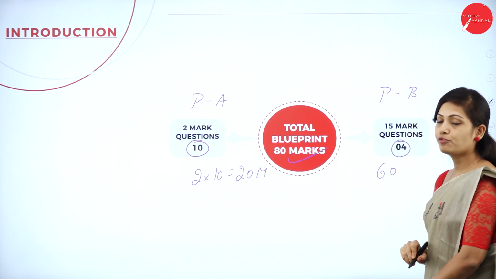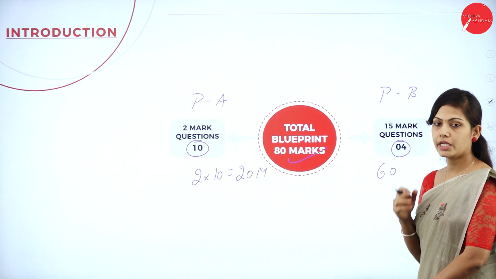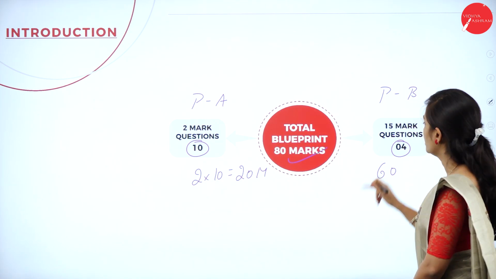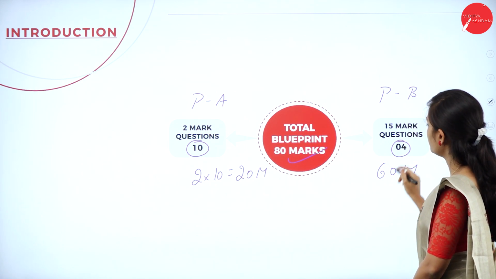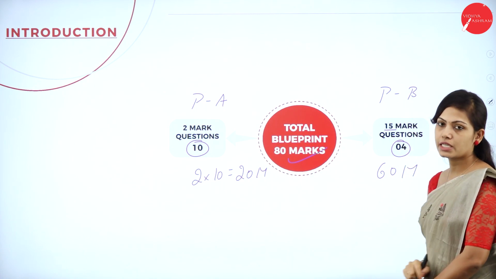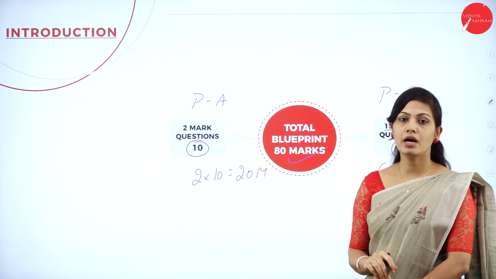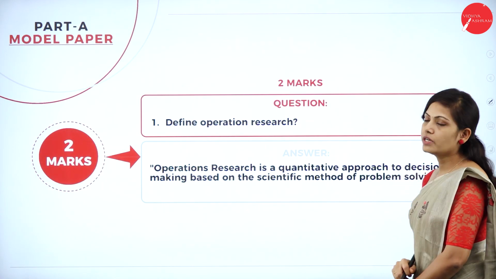You have to attend 4 questions. For every question you will get 1 option. In each unit you will get 2 questions. So you can score 60 marks in the second part, that is part B. Each question carries 15 marks, 15 into 4, 60 marks. So totally it is an 80 marks theory paper. Clear?